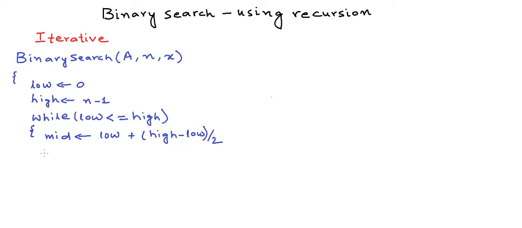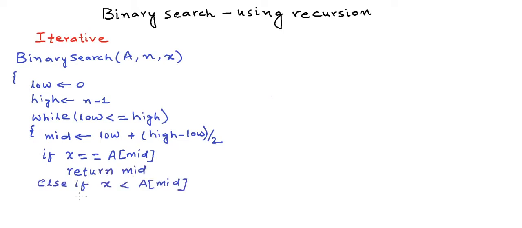Now there are three conditions. If x is equal to the middle element, we have found x in the array, so our search is over. We return the index mid and exit. Else if x is less than the mid element, we adjust high to mid minus 1 to say that we discard anything which is on or after mid, because x is less than the middle element and the array is sorted.